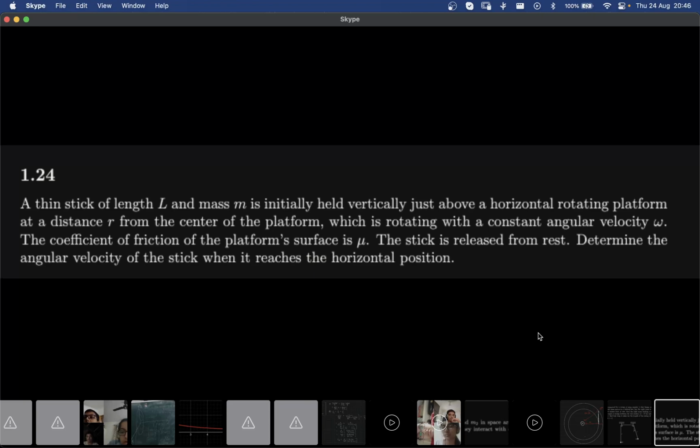The coefficient of friction between the platform and the stick is mu. The stick is released from rest. Determine the angular velocity of the stick when it reaches the horizontal position.